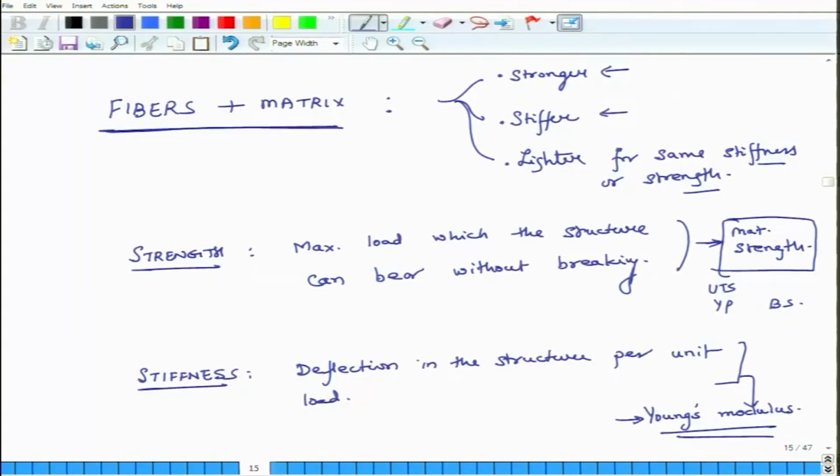If I am trying to make things stiffer, then I have to make sure that the modulus of the composite is as high as possible. And if I have to make things lighter, then I have to make sure that the density of the material is as low as possible without reducing its strength or modulus. Okay. So, this is the thing.